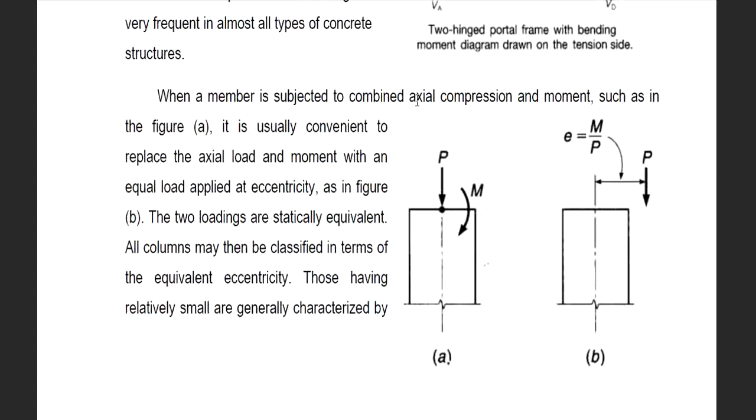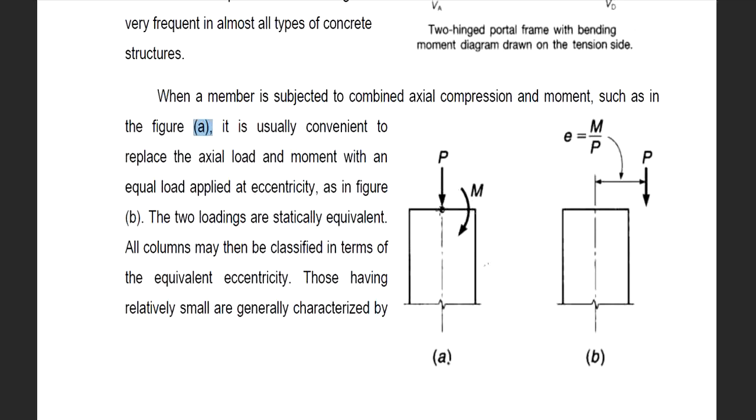When a member is subjected to combined axial compression and moment, such as shown in figure A, it is usually convenient to replace the axial load and moment with an equivalent point load at an eccentricity.